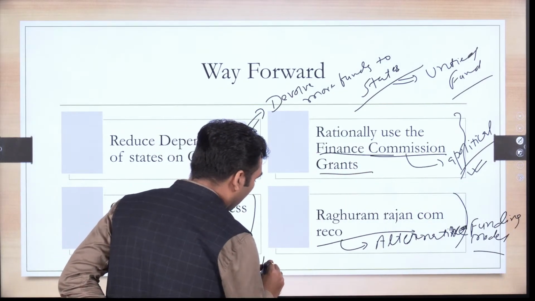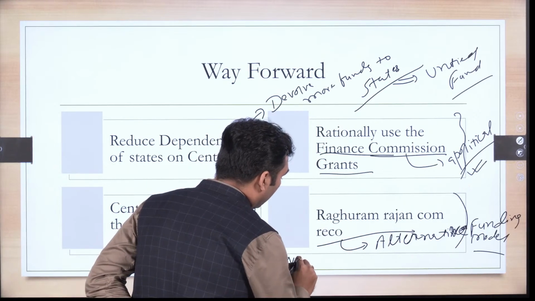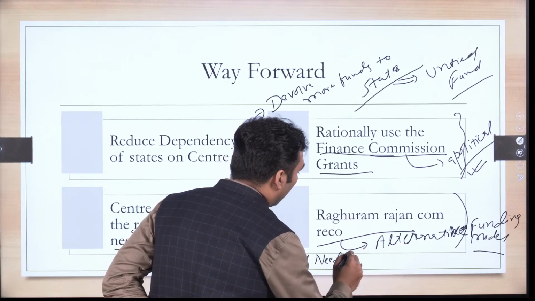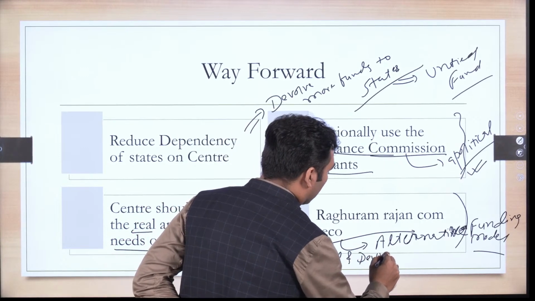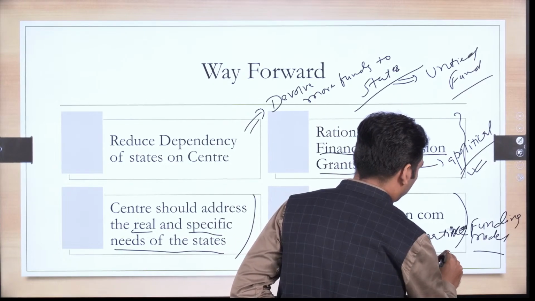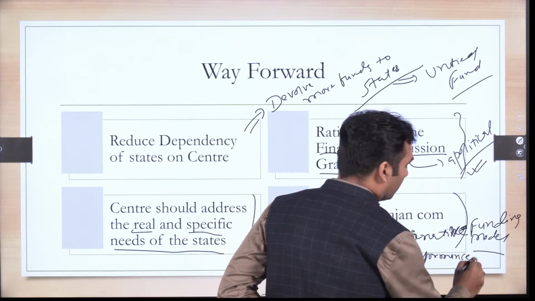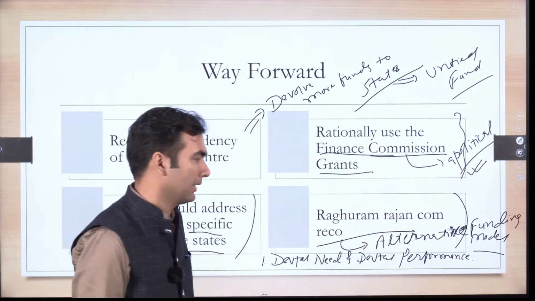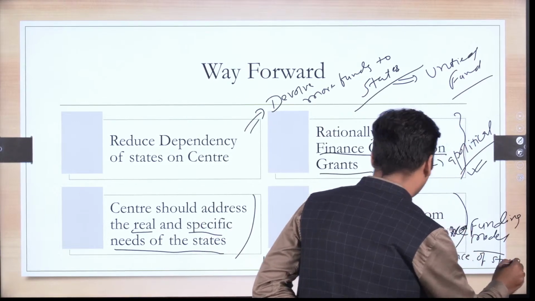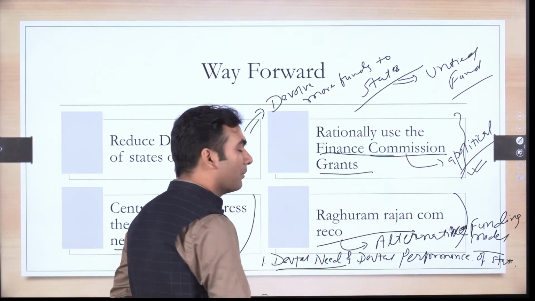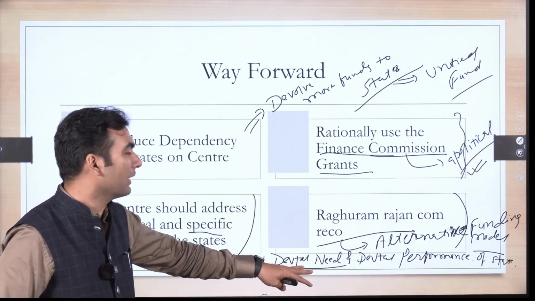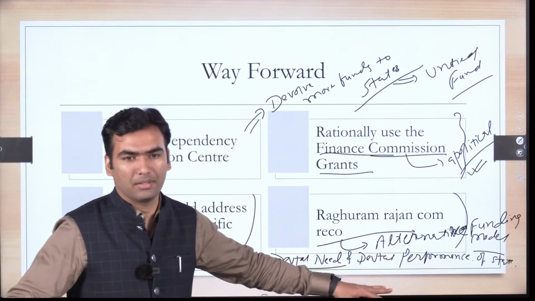First is developmental need and developmental performance of states. See, as of now, the Finance Commission is only considering developmental need, income distance. But Raghuram Rajan is saying that not only need, but also the performance should be considered.